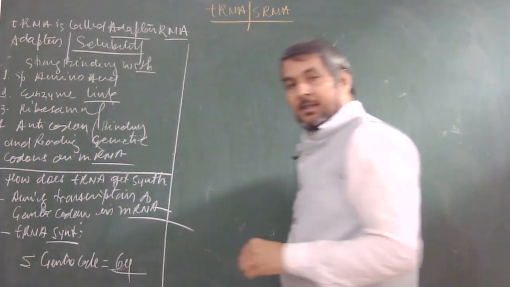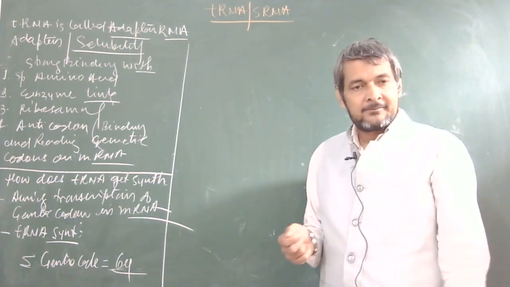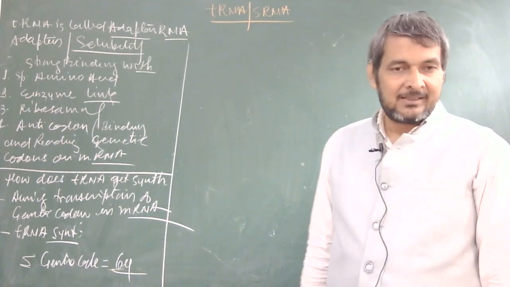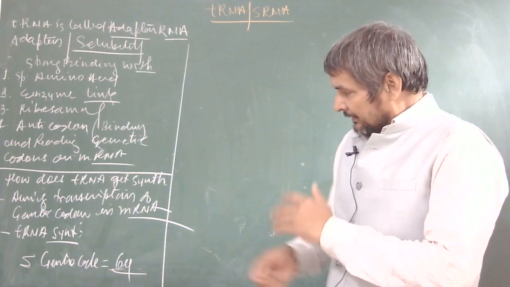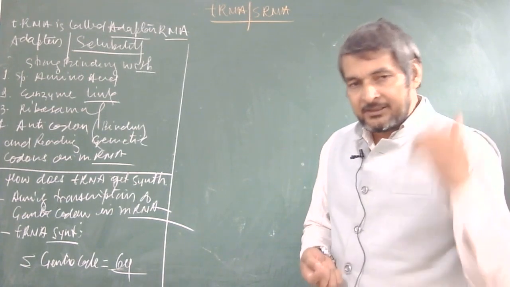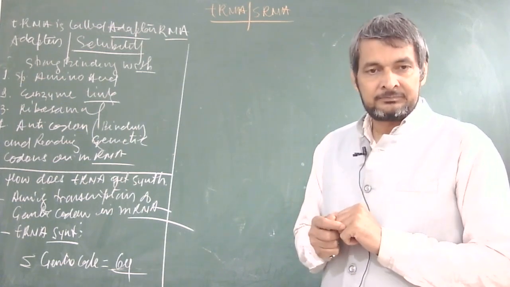So there must be 64 transfer RNA synthesized simultaneously with the transcription process on the DNA template. But you will find that transfer RNA will never exceed the number of genetic codes, 64. It will be a lesser number.